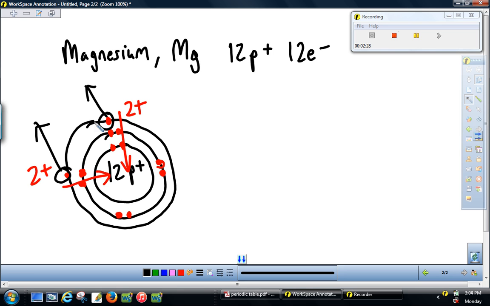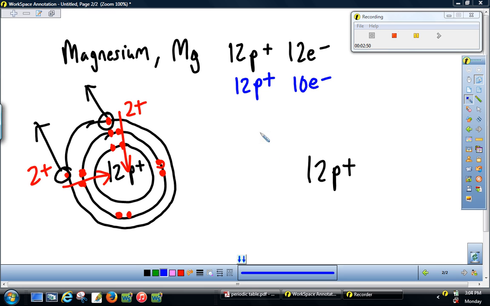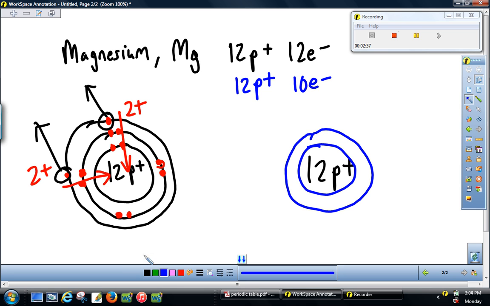And so what will magnesium look like after it loses 2 electrons? Now we still have 12 protons, but we only have 10 electrons left because the 3s2 electrons were ripped off. So let's draw this. That's my nucleus, and there are only 10 electrons left.